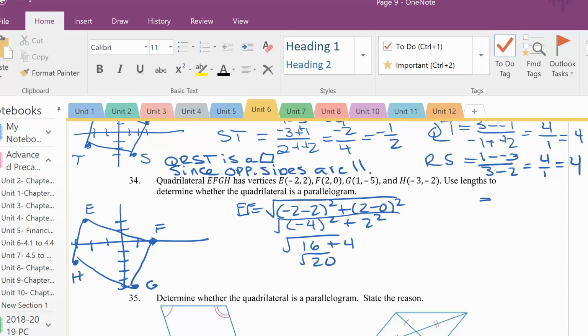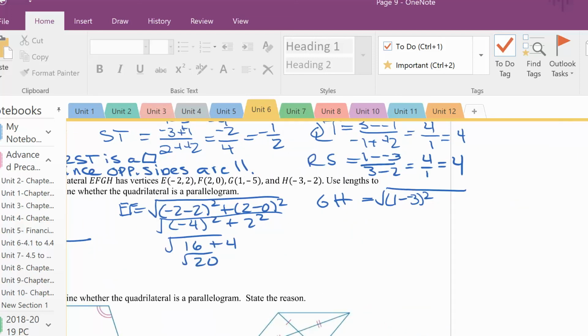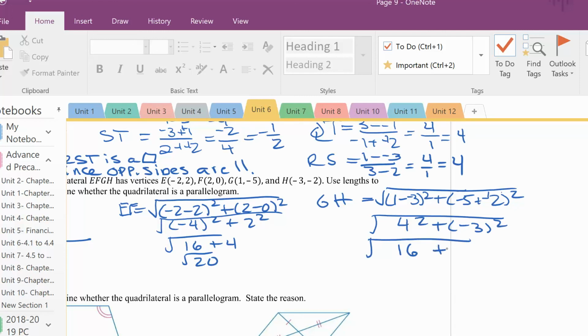So let's go from G to H. We go square root of 1 minus -3 squared, and then plus -5 minus -2 squared. So it's 4 squared plus -3 squared. So it's the square root of 16 plus 9. So it's the square root of 25, which is 5.